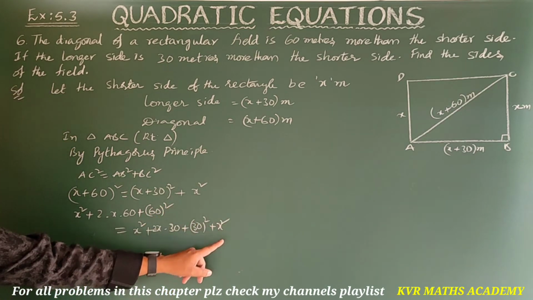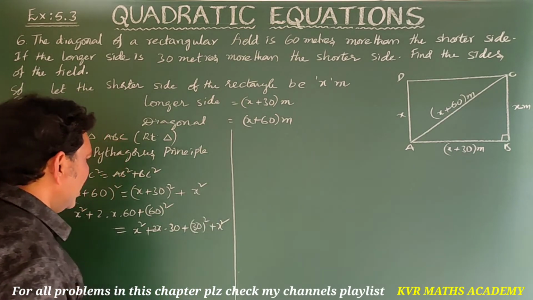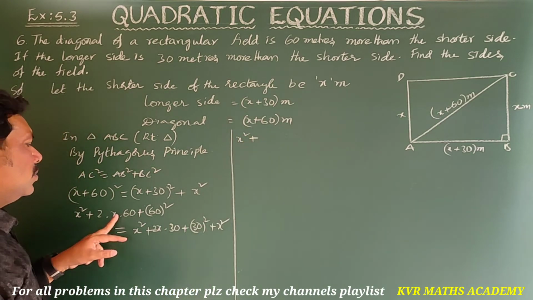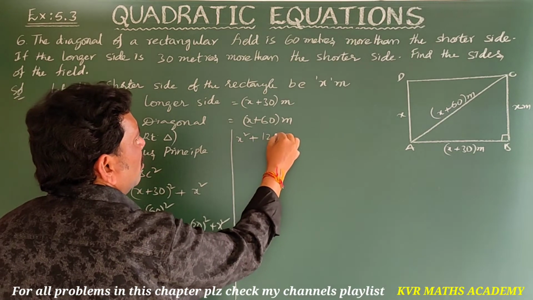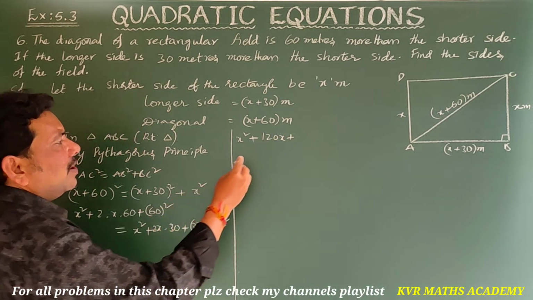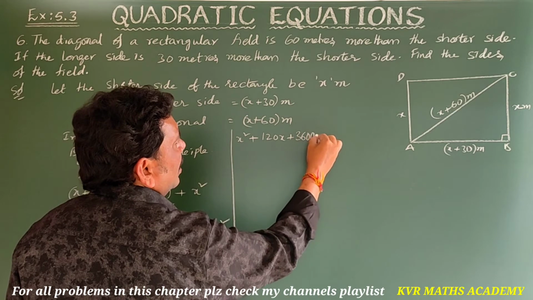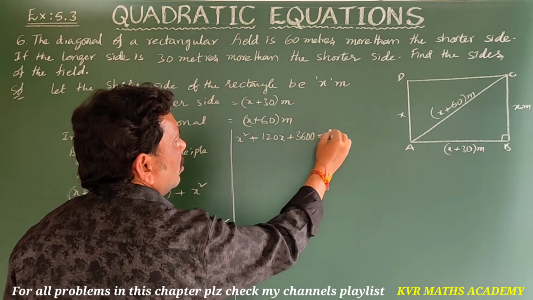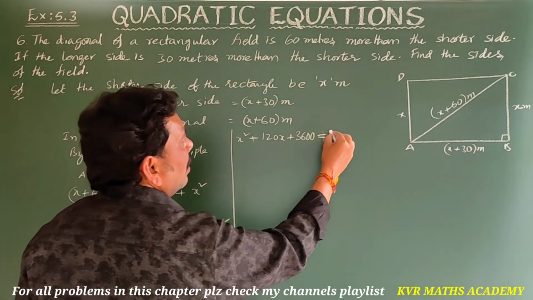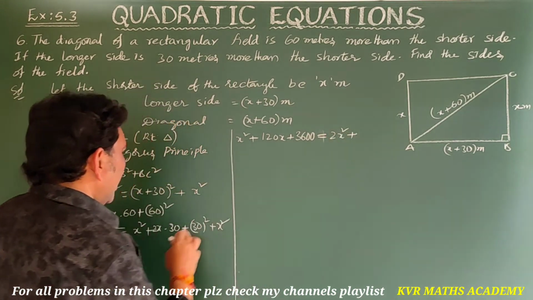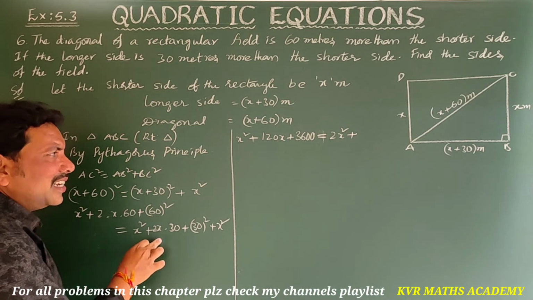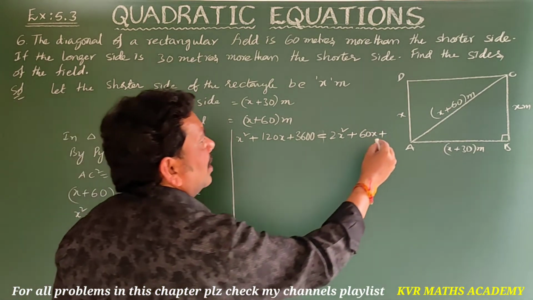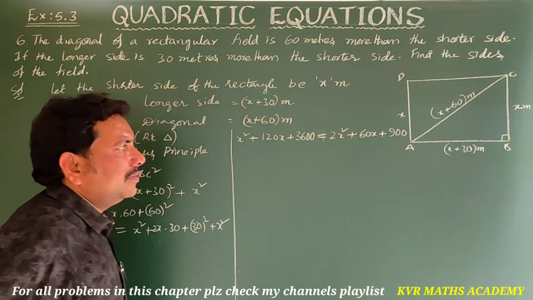So this is x square plus 120x plus 3600, equal to x square plus x square will be 2x square plus 60x plus 30 square, 900, right?